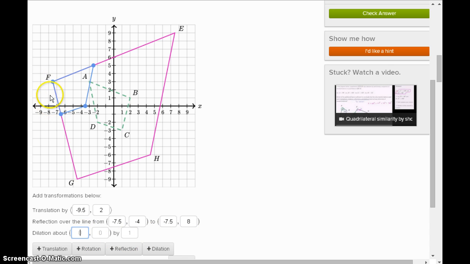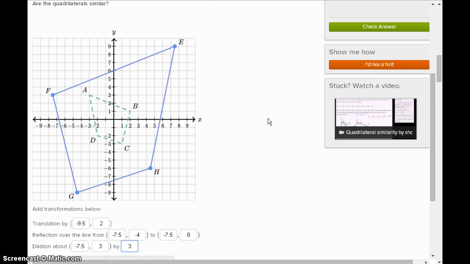Point F looks like it is negative 7.5 and positive 3. That's point F. We've done this once, but we want to do it 2 more times, so that we want a total measurement of 3. And there we go. We've mapped it up. So we can say that they are similar.